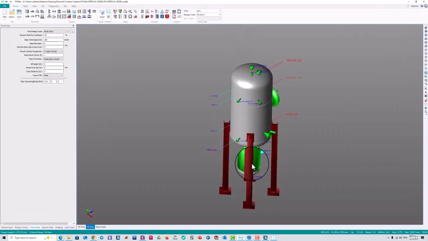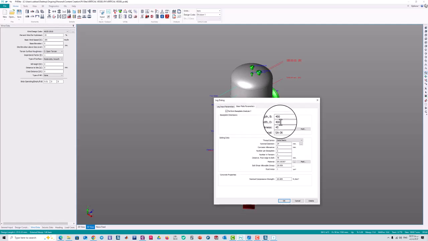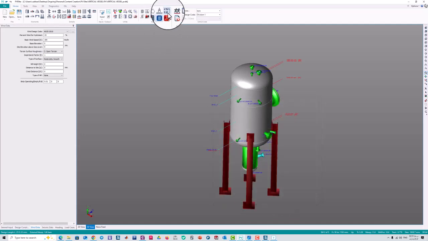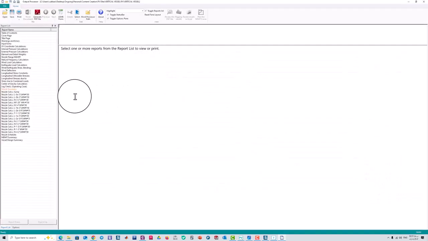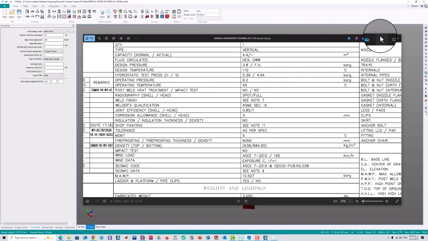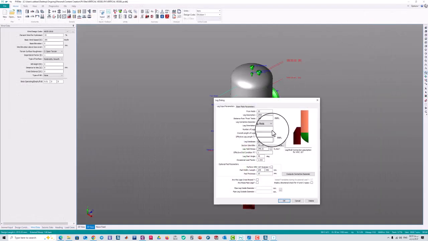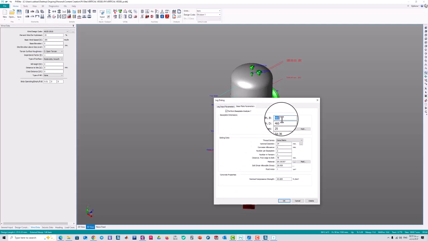It doesn't need any modification, so select a thinner plate for the base plate. $350. We'll try again.